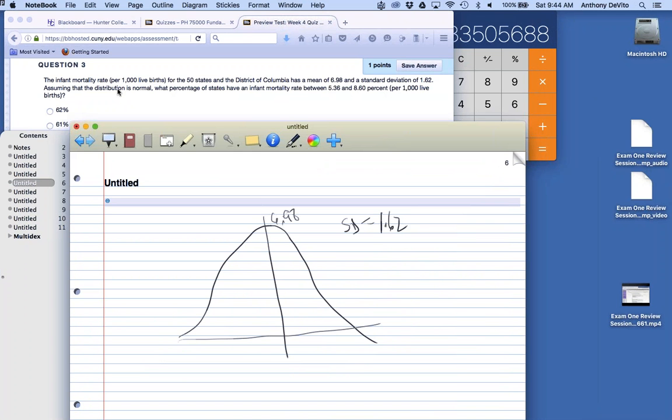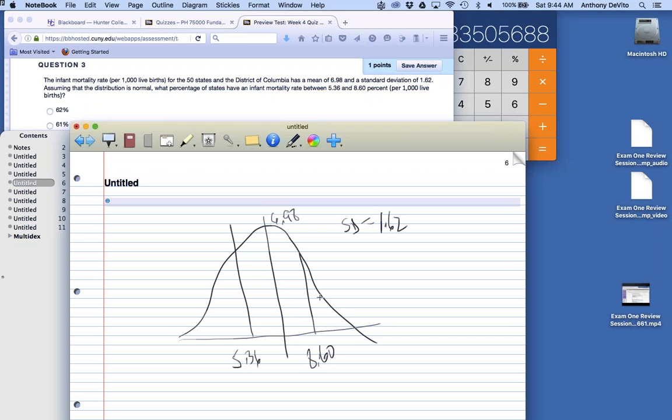Now, assuming that this is normal, what percentage of states have an infant mortality between 5.36, I'm just going to draw that anywhere, and the other number, 8.60.